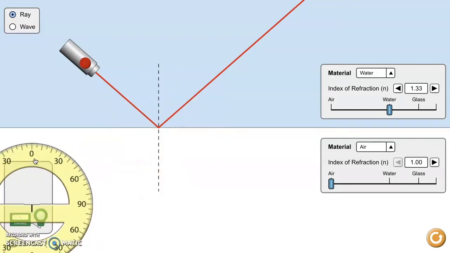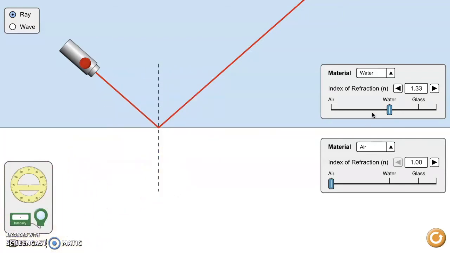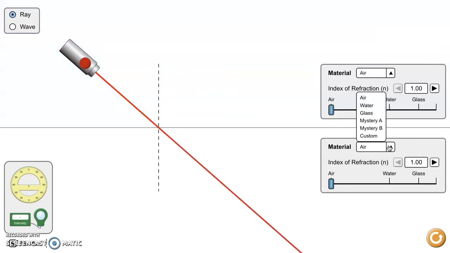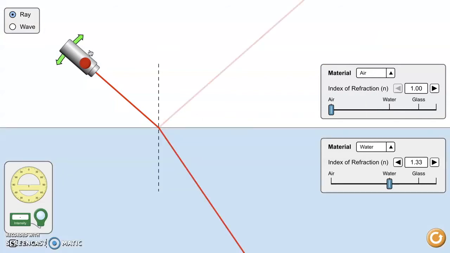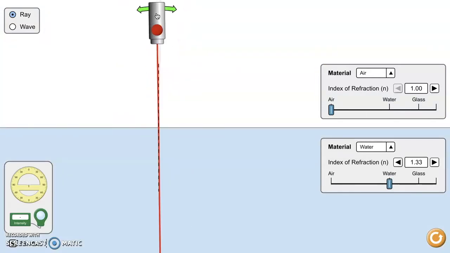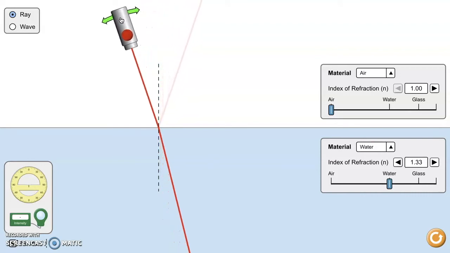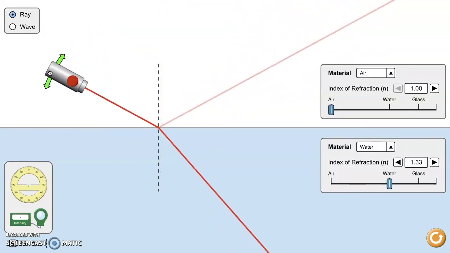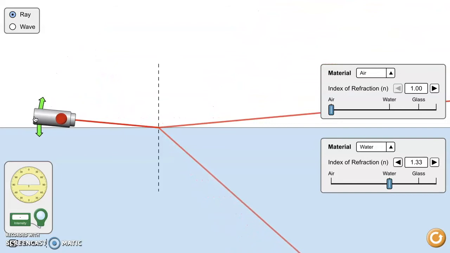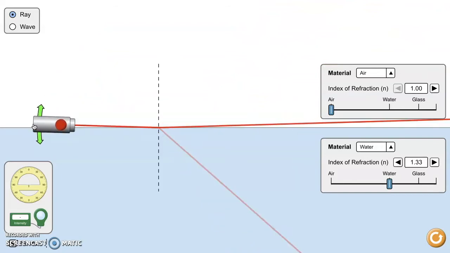So this only happens in very specific circumstances. Notice that I had to switch it from water to air. If we do it the other way around, air into water, there's never an angle where there's no transmission.